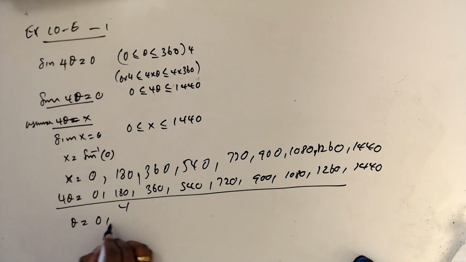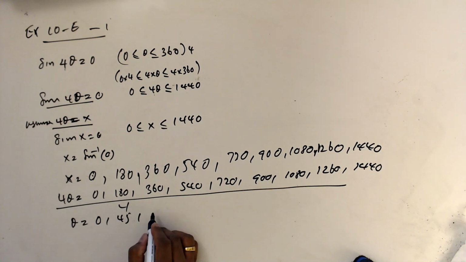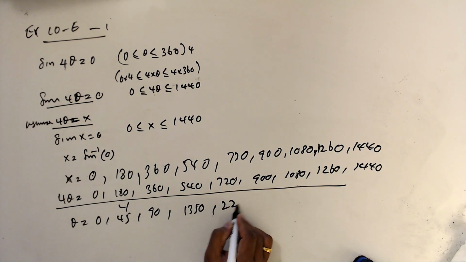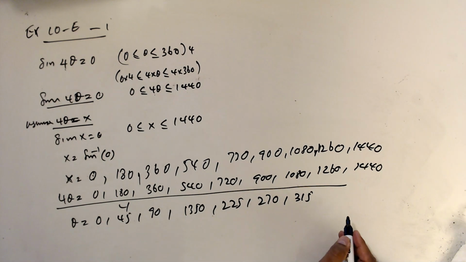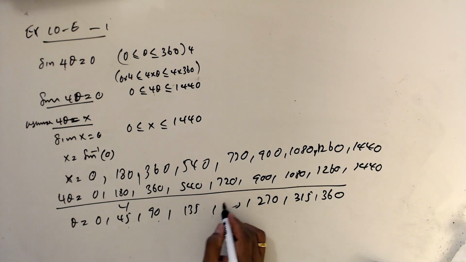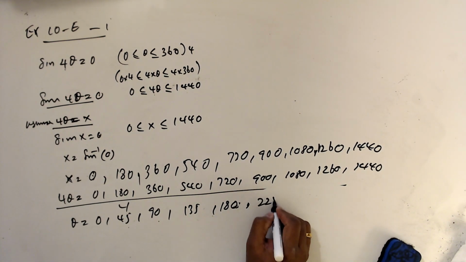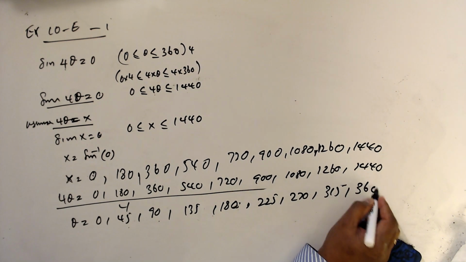So θ equals 0, 180 divided by 4, that is 45, 360 divided by 4, 90, 135, 180, 225, 270, 315, and 360.